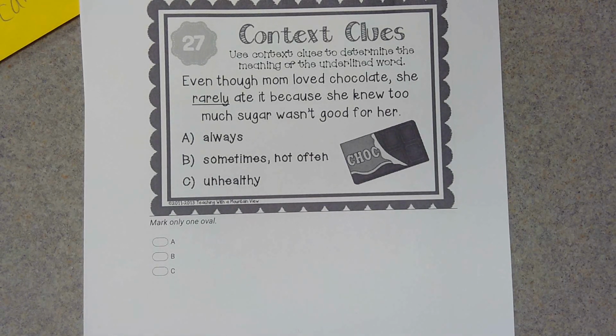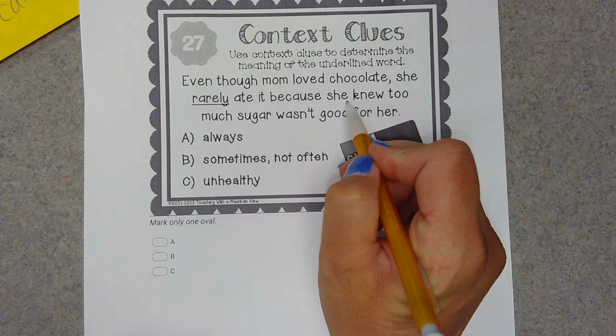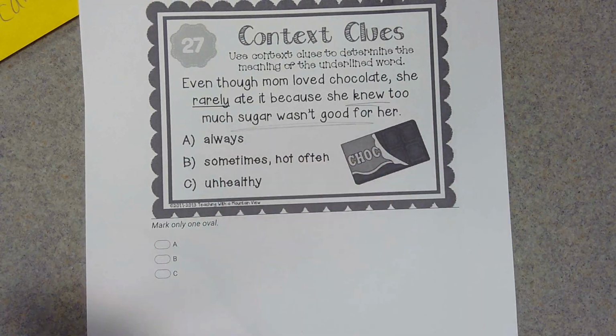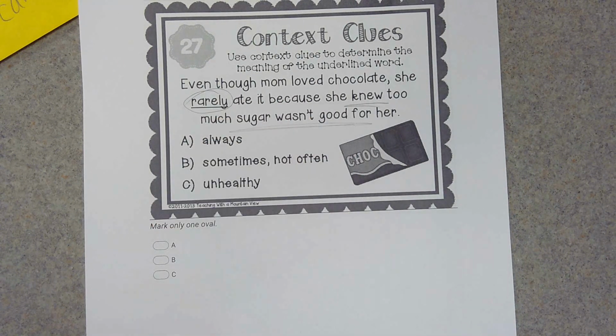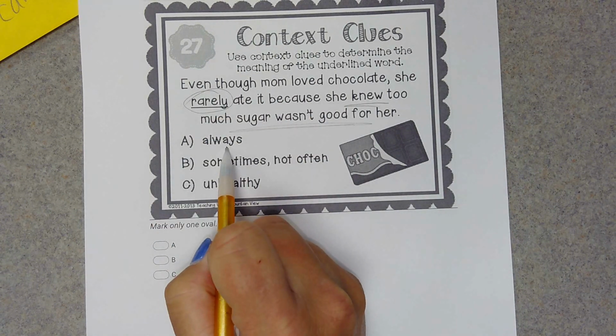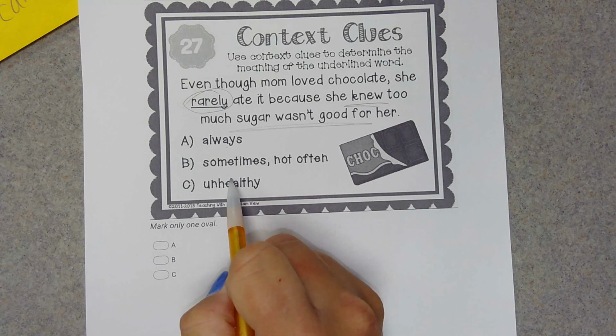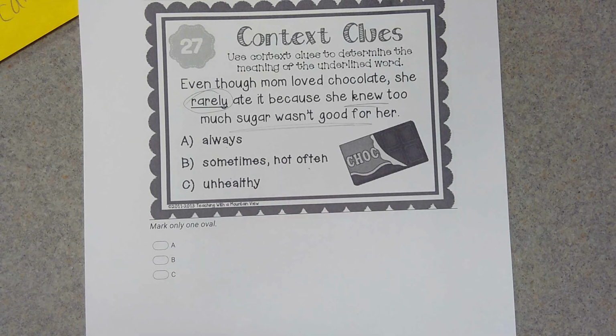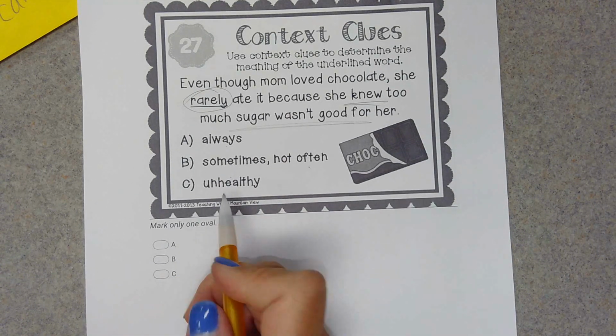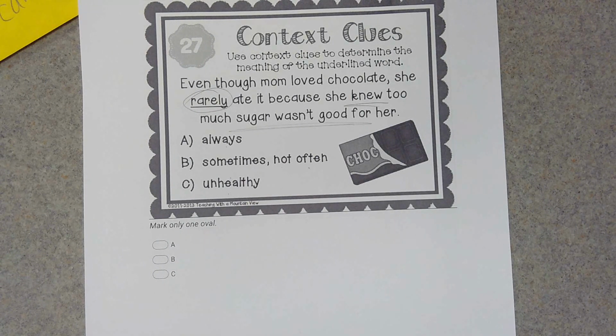Even though Mom loved chocolate, she rarely ate it because she knew too much sugar wasn't good for her. Okay, if she knows too much sugar wasn't good for her, let's think about what rarely means. Do you think she always eats it? Do you think she sometimes but not often eats it? Or do you think rarely means unhealthy?